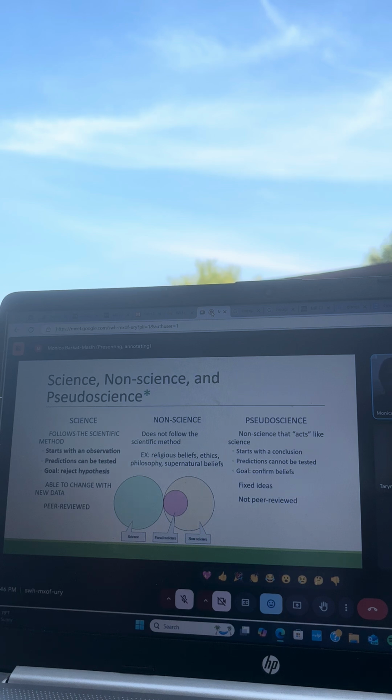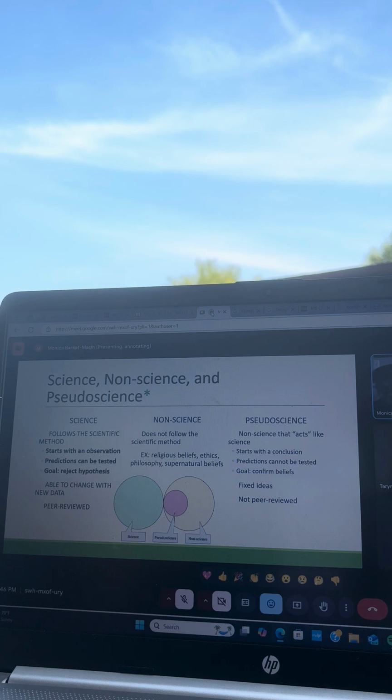So that's why it has a lot of backing, because it's not that you just come up with something. It has gone through a lot of different steps before you start following it. So it's science. Now, what is non-science?